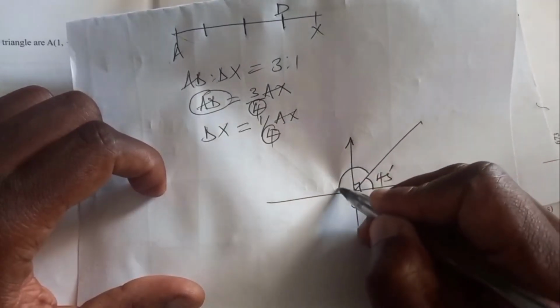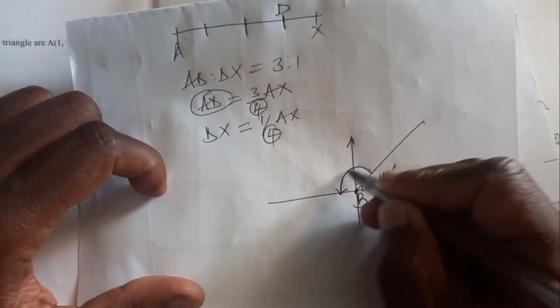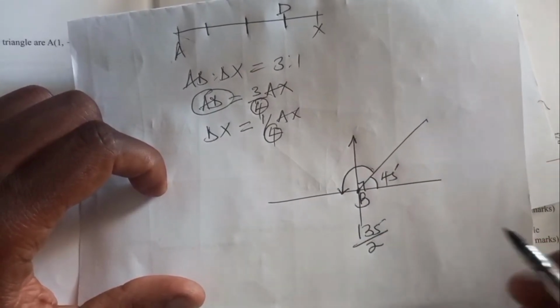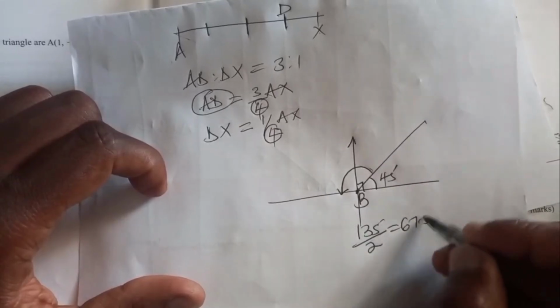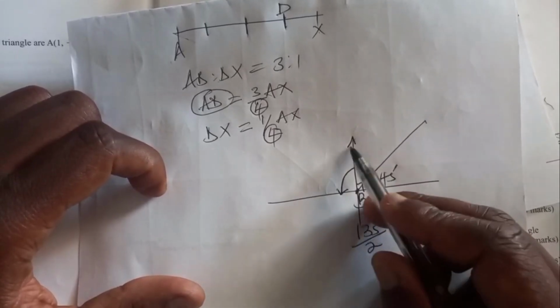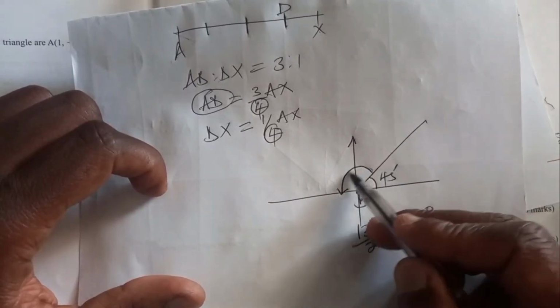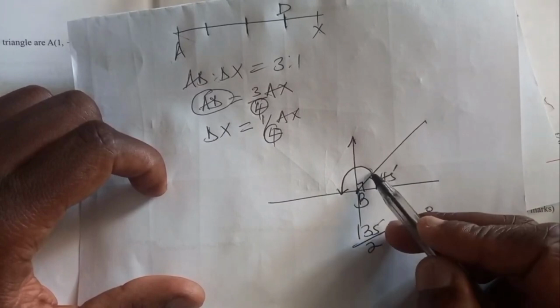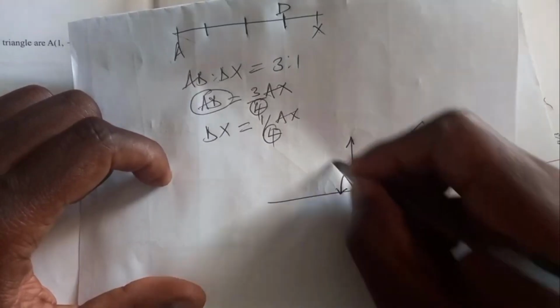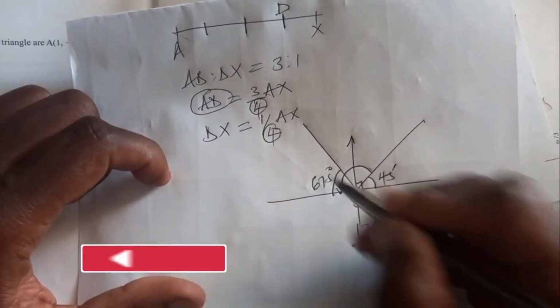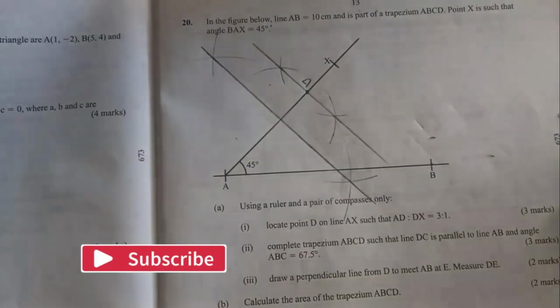So the whole of the angle that remains here will be 135, and when you bisect 135 again, that is when you get 67.5 degrees. So you construct 90 degrees first, then 45, then the other one that remains is 135. So bisect the other side, and you get 67.5 degrees. So that is what you're going to do.